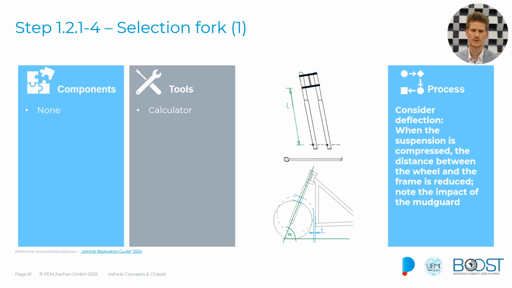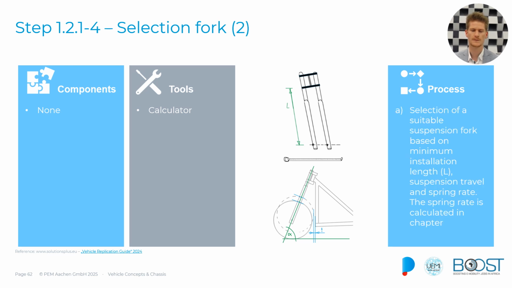So it does not happen, because this would then obviously be bad for the overall stability and safety of the vehicle. And select a suitable fork based on the sort of minimum installation length that we have just talked about, and then we will look further on the spring rate.